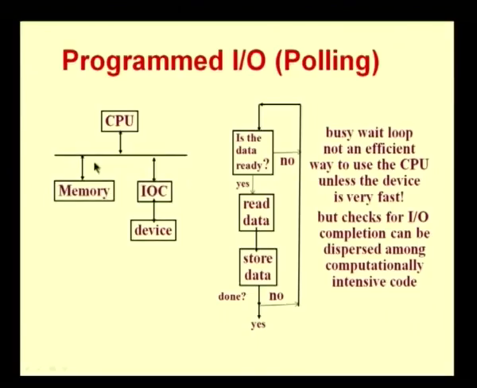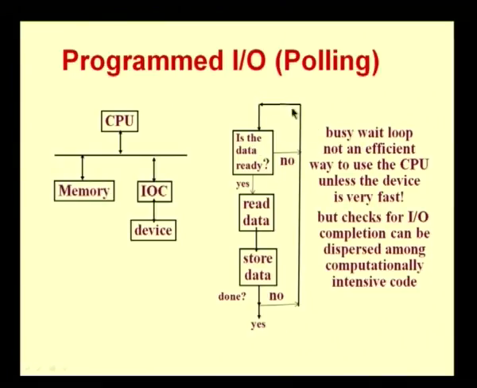So, for instance, this is how polling will take place. You have the CPU, memory, the IO controller where the control signal or the status register will be present, and then you have the device. The processor is always in a busy wait loop, checking: is the data ready? If yes, then it can go and read the data. If no, it will come back to check again.